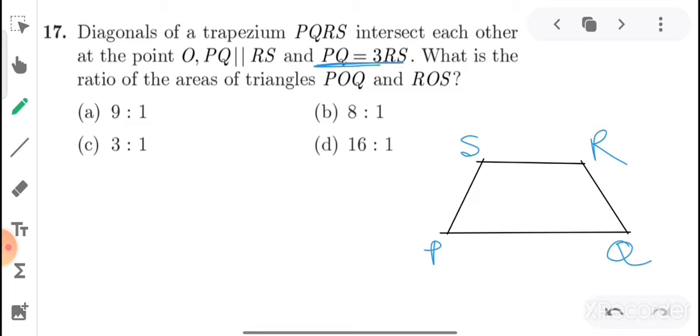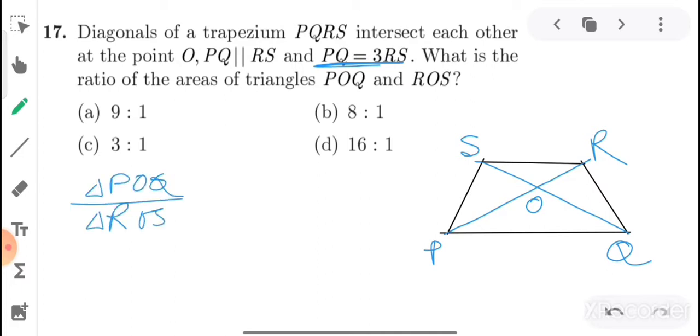PQ and RS will be parallel for the trapezium, and the diagonals intersect at point O. Hence we have to take the ratio of areas of triangle POQ and triangle ROS.